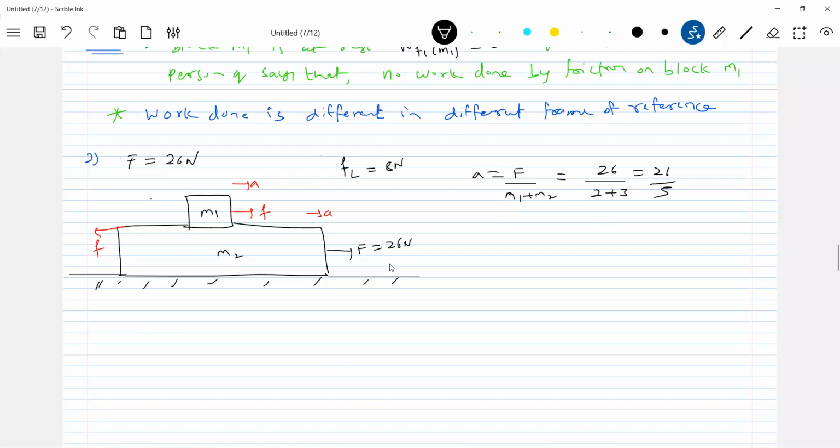Now for F equal to M1 times acceleration, M1 is 2 kg, 26 by 5, 52 by 5. Definitely greater than the limiting friction. So does slipping occur or not? Slipping occurs between the blocks.